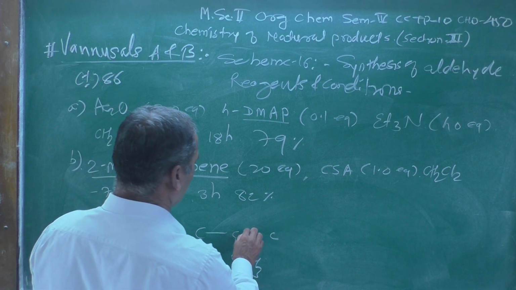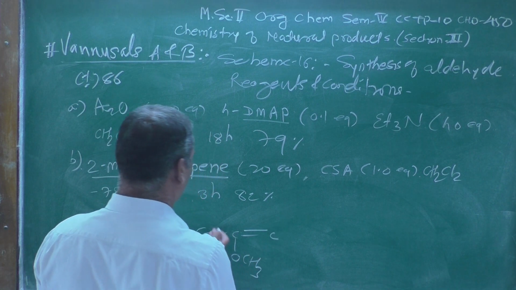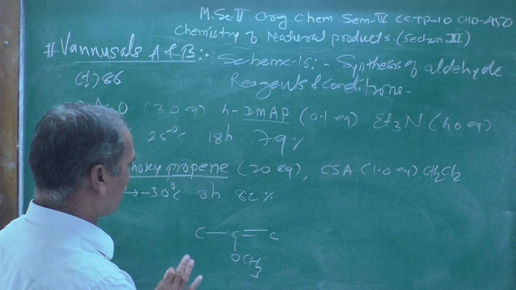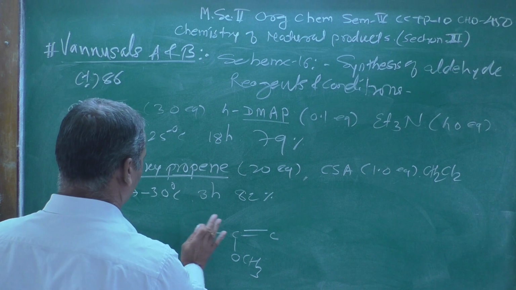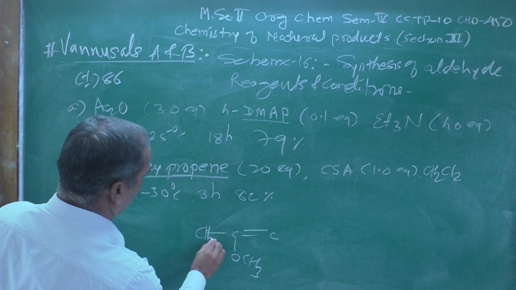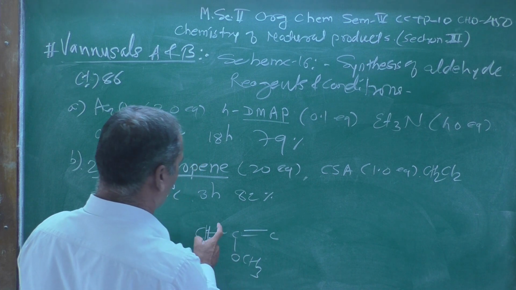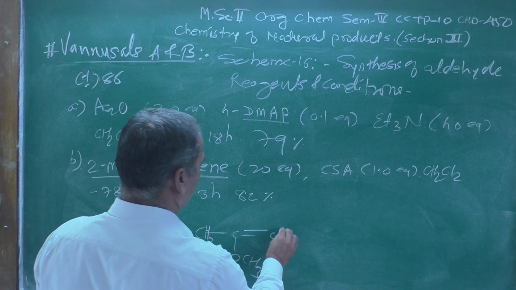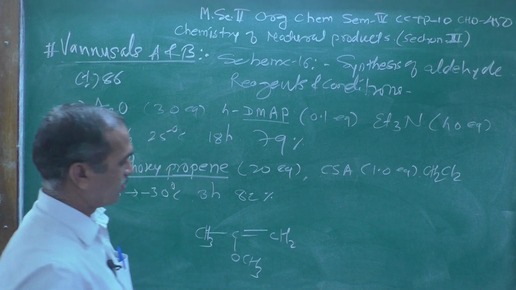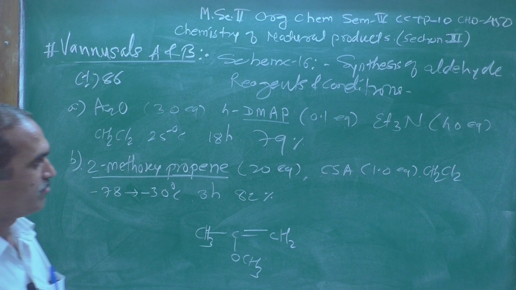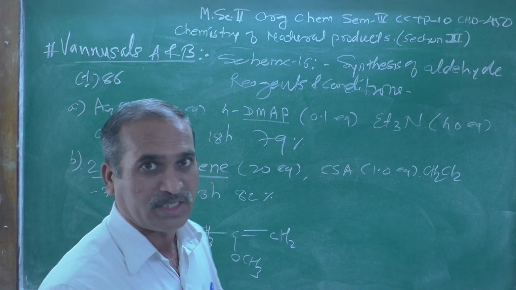You can put the double bond on either side, it does not matter, and then you fulfill the bonds of the rest of the carbon atoms. Look at this carbon atom, it already has 4 bonds, 1, 2, 3 and 4, and this carbon atom must have 2 bonds. So this is the structure of 2-methoxypropene, which was taken at 20 equivalent.